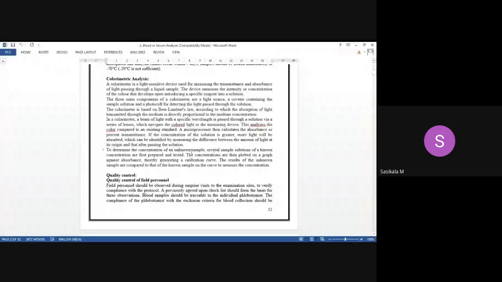Based on that you can use serum, plasma or whole blood. After collecting the whole blood, you will prepare serum if you want to analyze constituents present in serum. If it is in plasma, then a plasma sample. If it is in whole blood, then a whole blood sample will be analyzed.